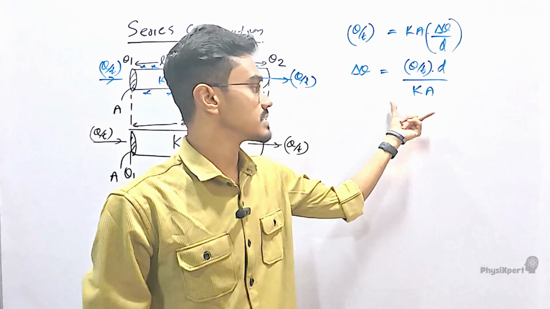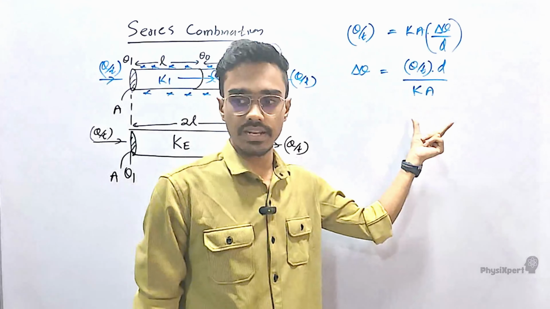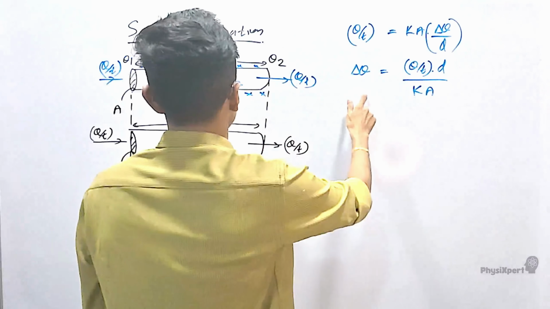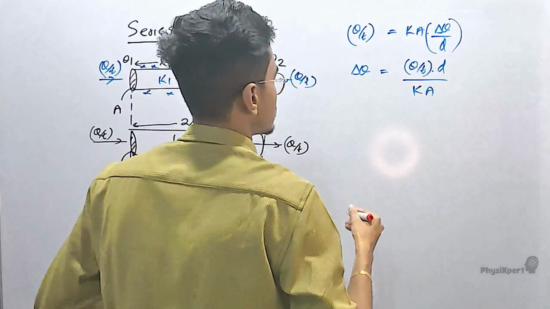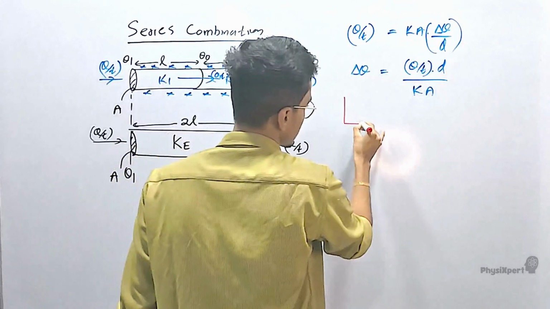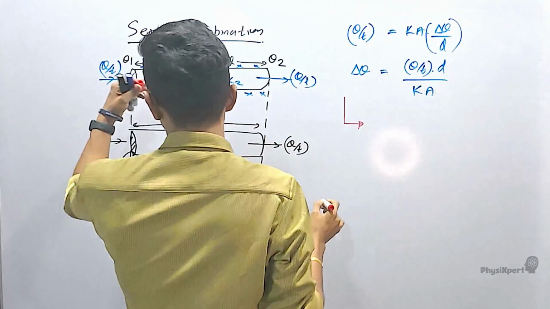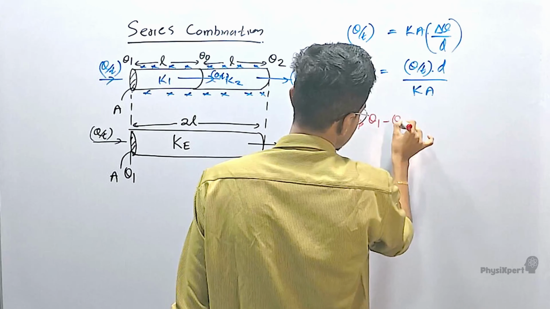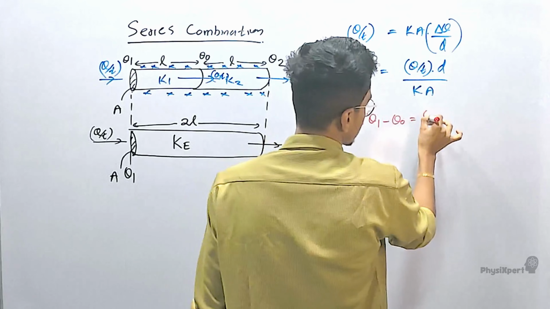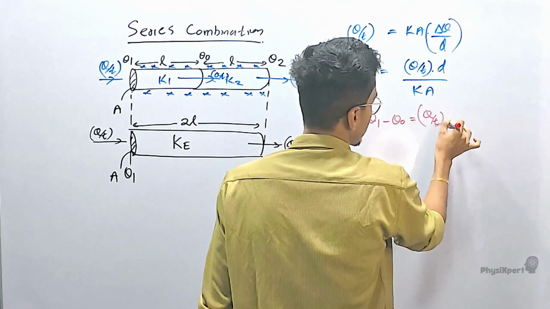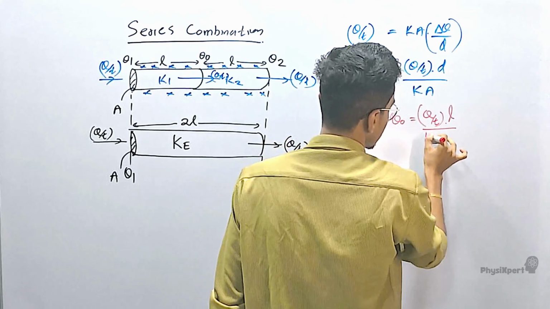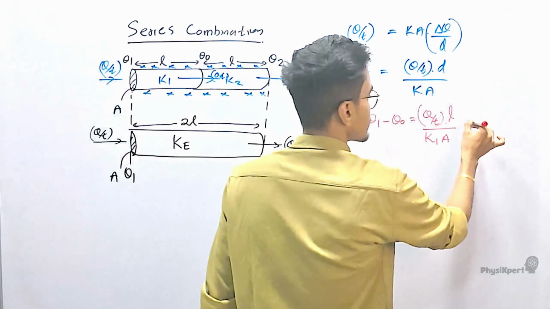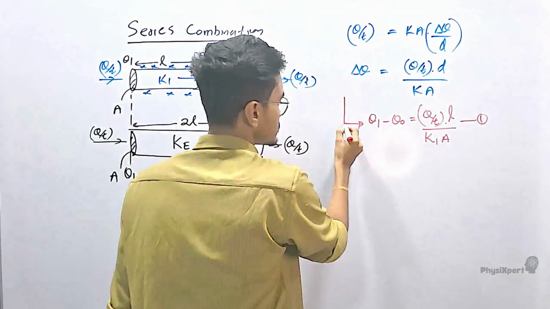Now I'm going to apply this equation separately for these three rods. For the first one, delta theta is theta 1 minus theta naught, which equals Q over T times L over K1 A. I'll refer to this as equation 1.